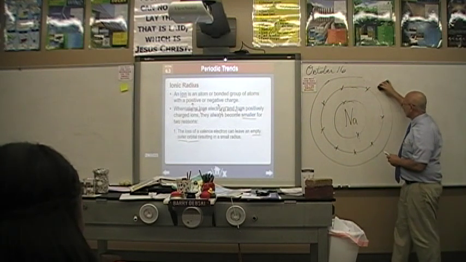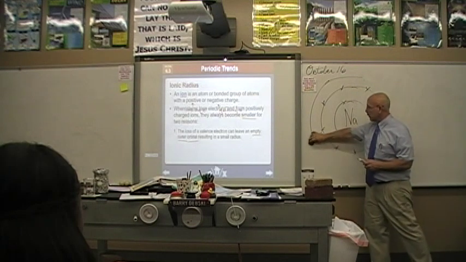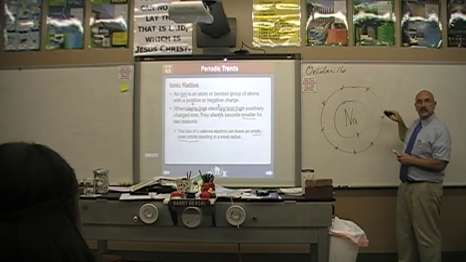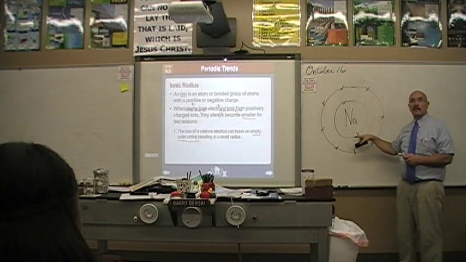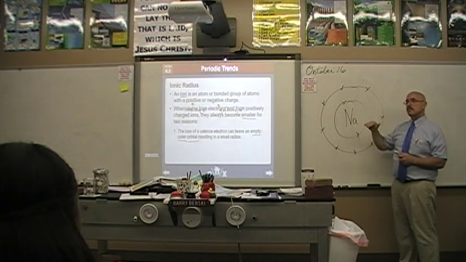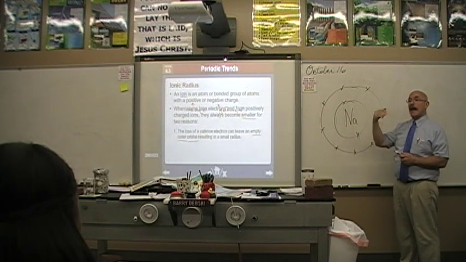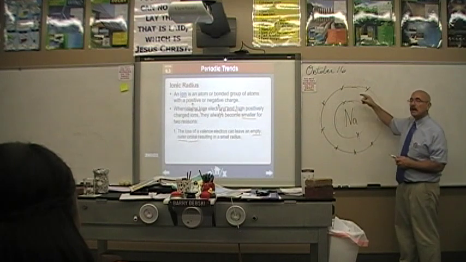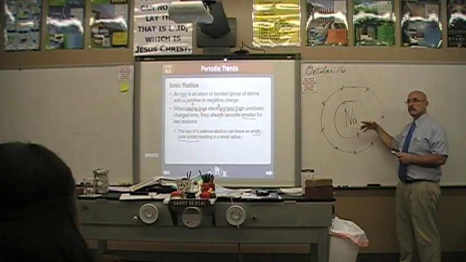It loses this electron. That electron goes and hooks up with a different atom. So guess what happens? It gets smaller. So positive ions are always smaller than their atoms for that reason. It actually loses its outer energy level.